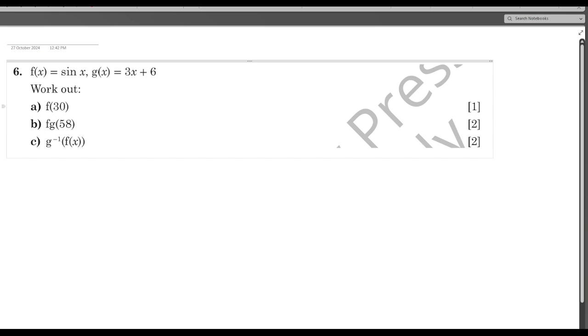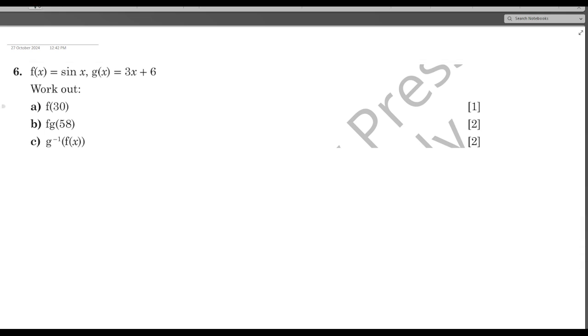Question number 6: f(x) is given as sin x, g(x) is given as 3x plus c. You have to work out f of 30. So first problem, you have to work out f of 30. So you replace your x with 30. Sin 30, I hope you know what is sin 30. In grade 10, you are introduced to degrees.